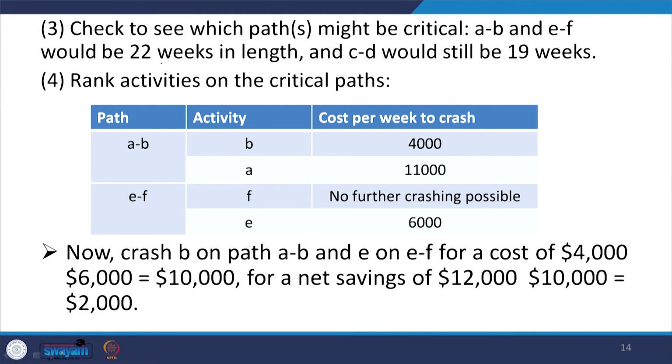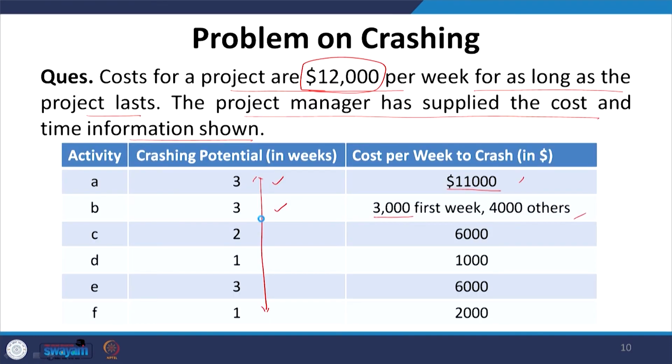Now, when you are crashing both B and F, your time has reduced to 22 weeks in total and CD is still 19 weeks. So, AB and EF, now again B and A, F and E. You also need to keep an eye on how much you can reduce a particular activity.